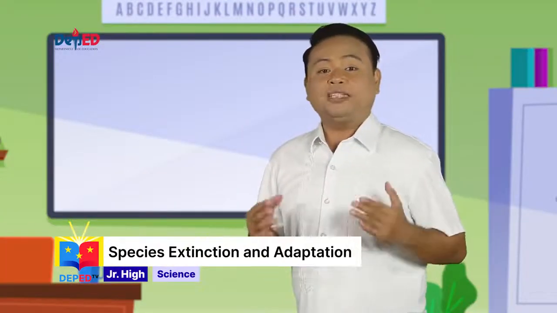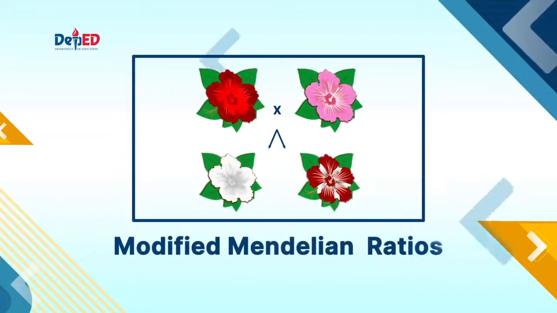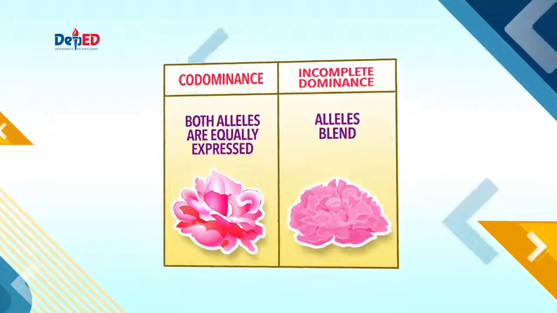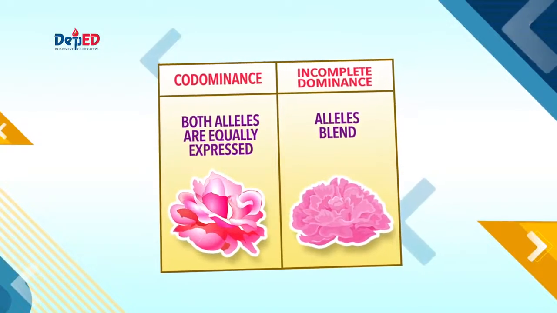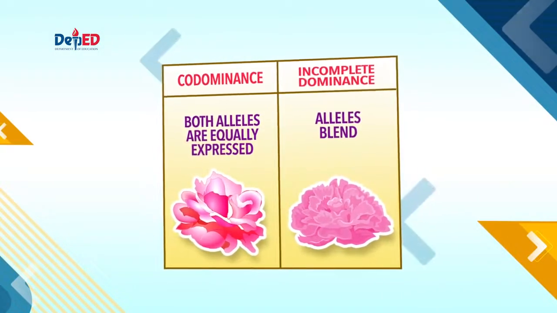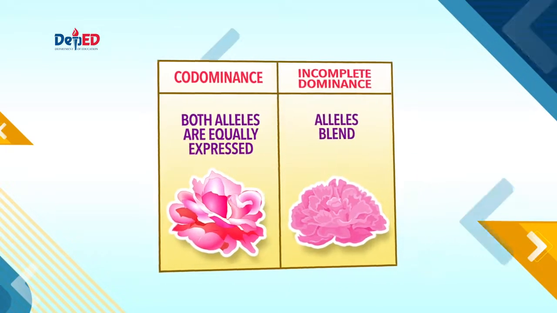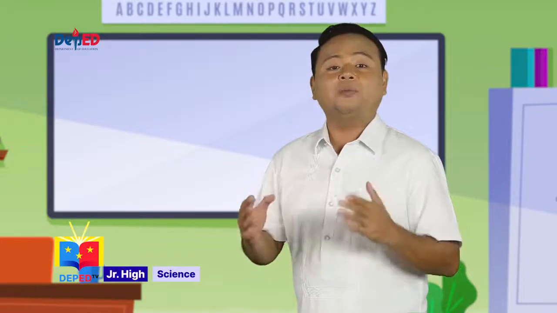Last time, we talked about the modified Mendelian ratios, where we learned the incomplete dominance, where one allele is not completely dominant over the other, which can give us a prediction of 1:2:1 ratio among both the genotypes and the phenotypes of the offspring.